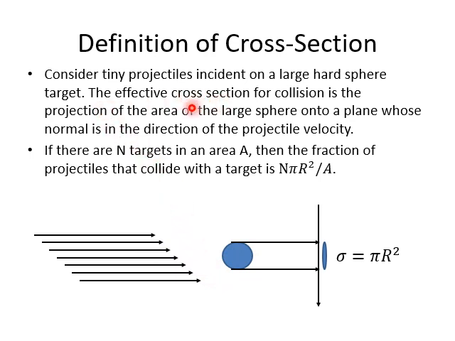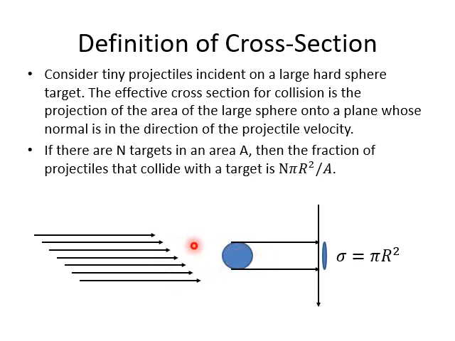The effect of cross-section for the collision between these particles and that physical particle there, if we just think of these as tiny balls, BBs incident upon a basketball, right?